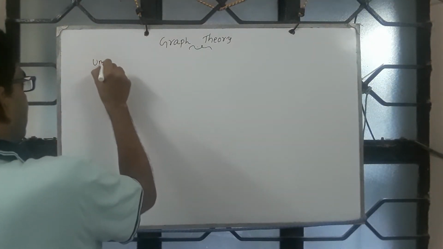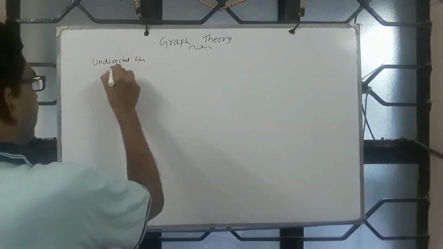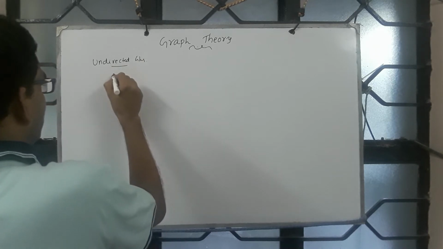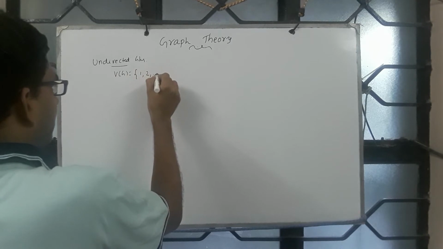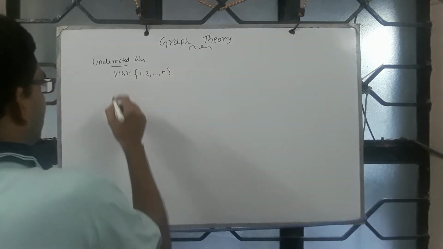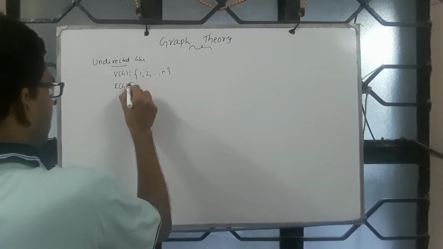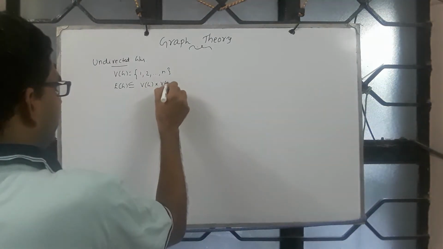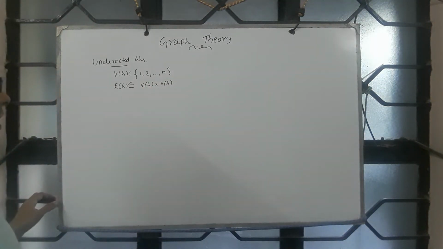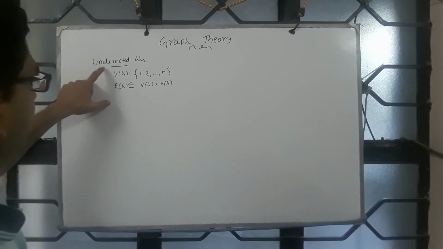Let's now focus on undirected graphs. So now, given a set of size say n, and E of G is a subset of V of G cross V of G, now we are interested in knowing how many different undirected graphs are possible.